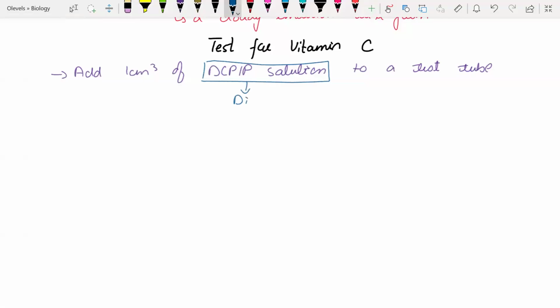No, ma'am, I only know that it's used for the test of evidence. Okay, it's actually called dichlorophenolindophenol. It's quite a big name, right? And it's used for the detection of vitamin C, that is also called ascorbic acid.